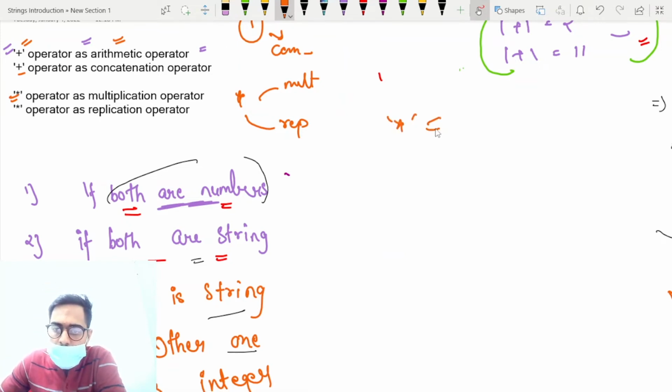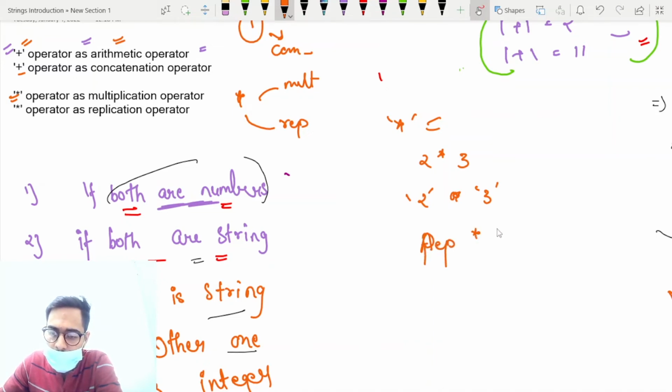Try to analyze these things. Let's suppose 2 into 3, 2 into 3, pep into 3, pep into 3.